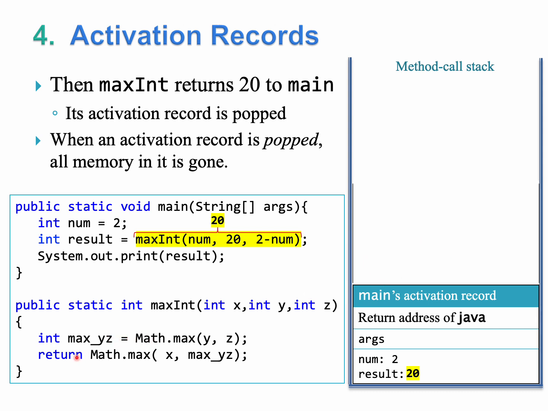So when method call maxInt returns, all memory allocated for its formal parameters x, y, z, as well as its local variable max_yz, is gone. The only memory left after executing the call to maxInt is those in the activation record of method main.